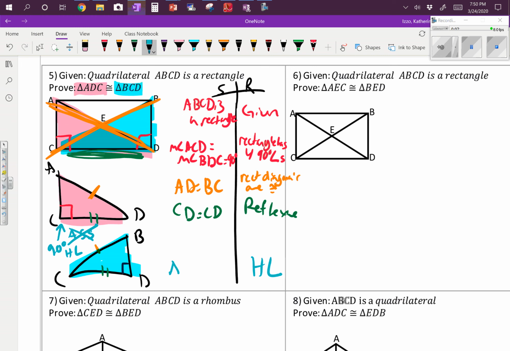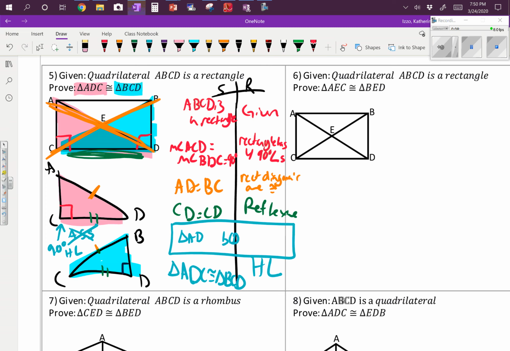Be very careful. Do not forget that beautiful step right before it: triangle ADC is congruent to triangle BCD, not is congruent to. Triangle ADC and triangle BCD are right triangles.